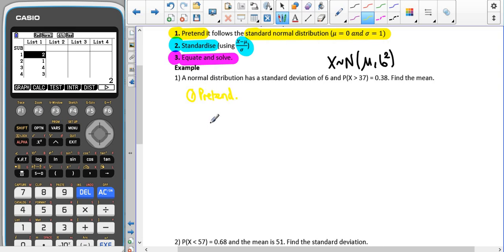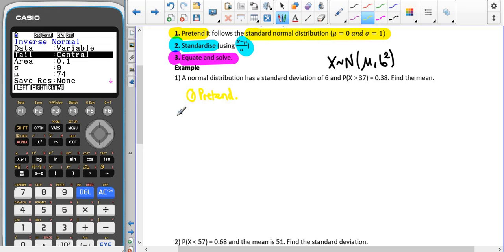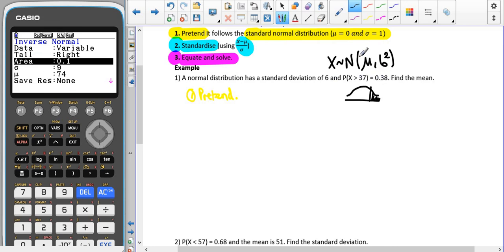So as I said, the first step is always going to be pretend that we have the standard normal distribution. So to do this, we go into dist, norm, inverse normal. Now, if we were to draw this, we would have our tail going to the right. The area is still going to remain the same, 0.38.